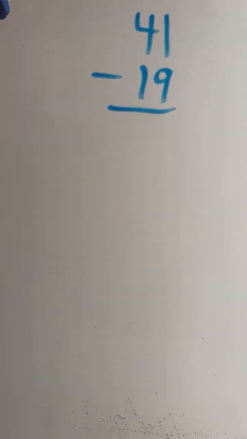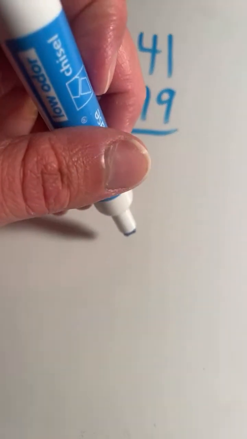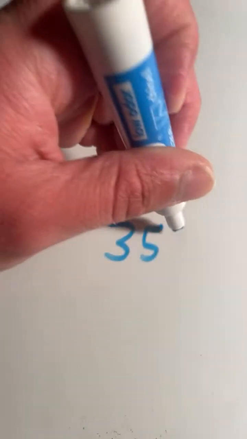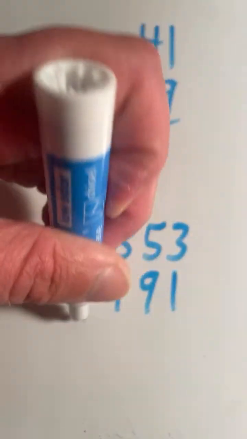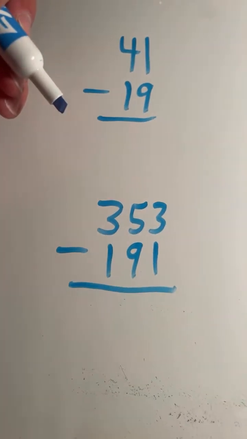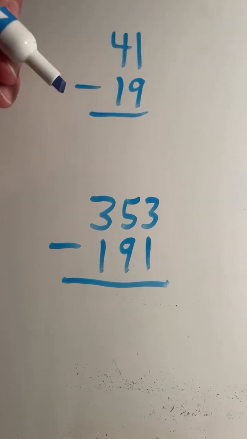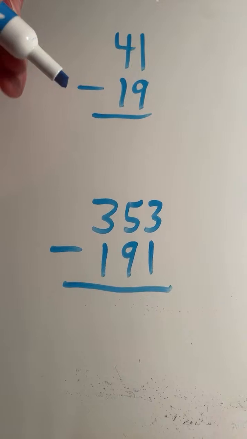Moving on, now we're going to bring regrouping into the mix. So for subtraction, we regroup whenever there is a bottom digit that is bigger than the top digit. So before you do any subtraction, the first step is to check if regrouping is needed.